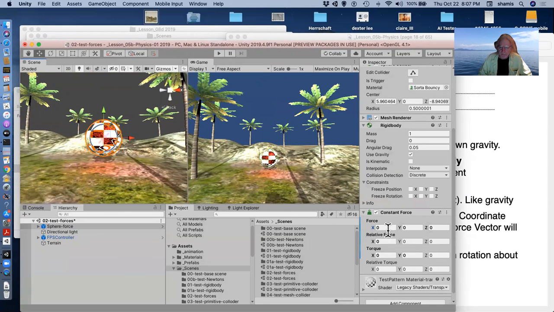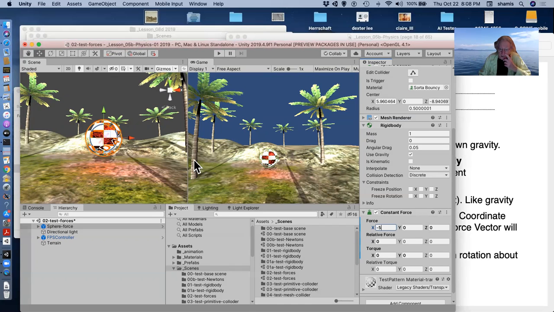So if I apply a force, let's say in the negative X direction, and these are global and local, right now the same. The way this thing's set up, the global and local coordinate systems are the same. So let me apply a negative force here in the minus X direction, which means this thing should take off that way.